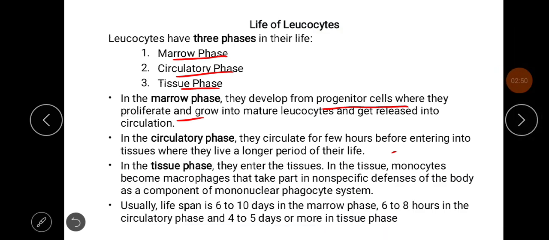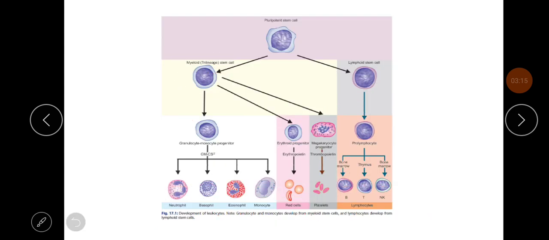In the tissue phase, they enter into the tissues. In the tissue, monocytes become macrophages that take part in non-specific defenses of the body as a component of mononuclear phagocyte system. Usually, lifespan is 6 to 10 days in the marrow phase, 6 to 8 hours in the circulatory phase, and 4 to 5 days or more in tissue phase.